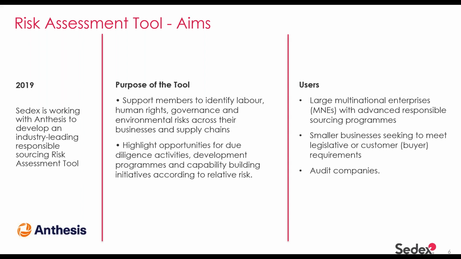As you see just at the point underneath, this highlights opportunities for due diligence activities, development programs and capability building initiatives according to relative risk. So this tool has been designed with that aim in mind, and it seeks to help do that more effectively.